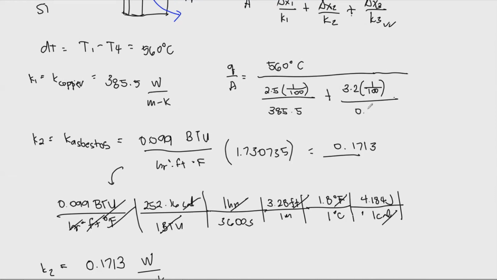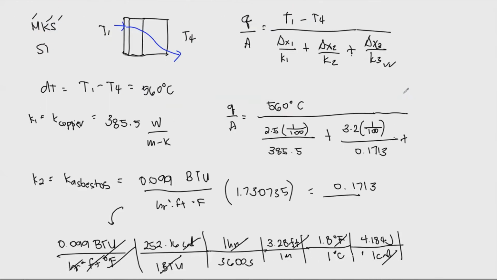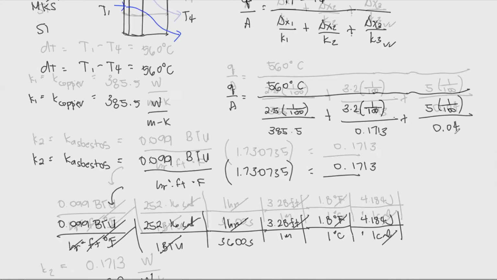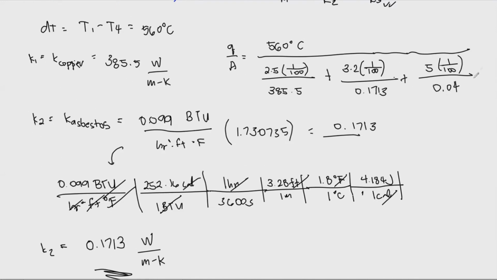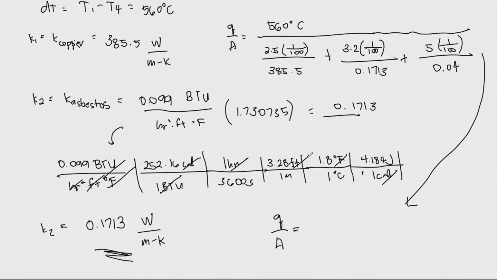So with that, we're left with 0.01713, and then add some delta X here, which is around 5 centimeters. So you need to have some conversion factors for meters, and then 0.04, I believe. Let's continue. We're left with Q over A, so the unit would be watts per meter squared.